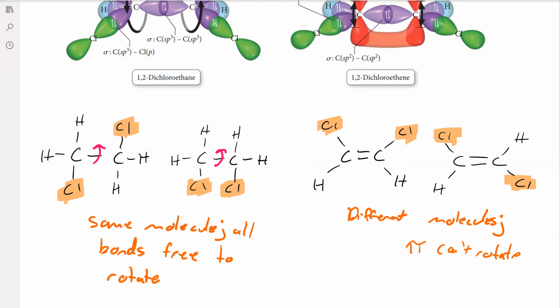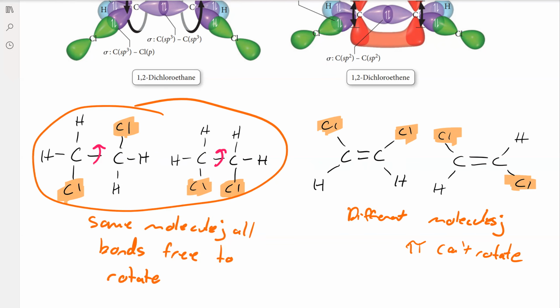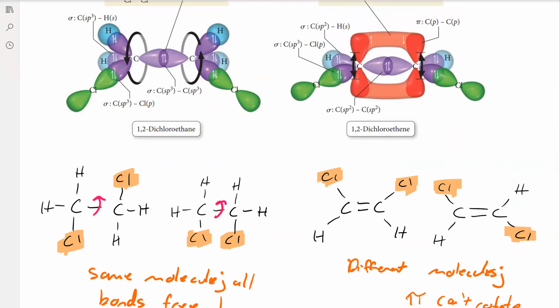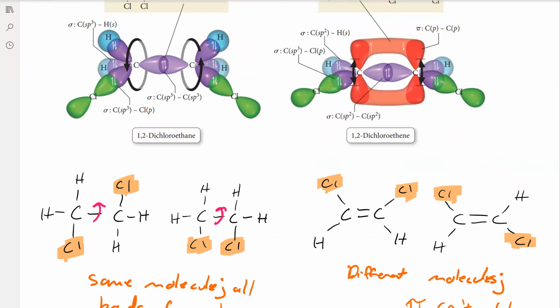So there's no way to make this molecule into the other one. This one right here, think about it as like an open fist or a closed fist, or you take your hand and just rotate it a little bit. It's still the same thing. It's just in a slightly different orientation. These two are completely different things. You can think about it as like a left hand or right hand type of situation. So you can see with the introduction of hybridization, we can explain pi bonds, which can help us explain whether molecules are free to rotate or not.